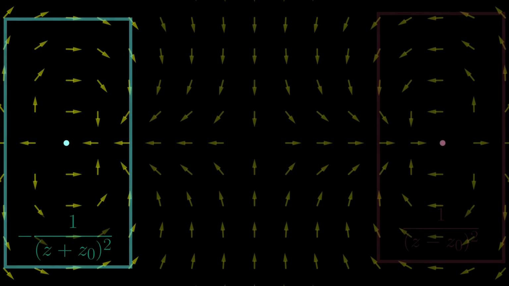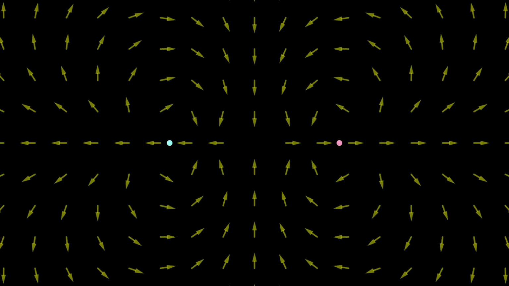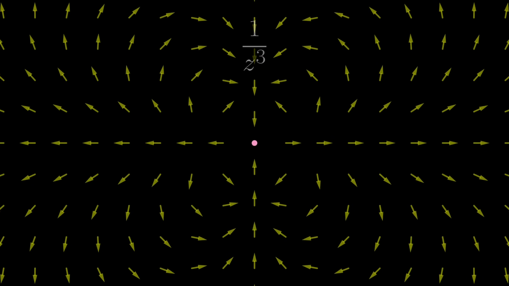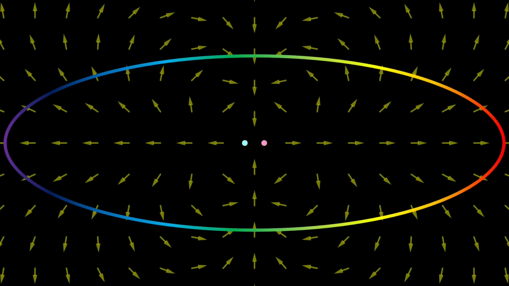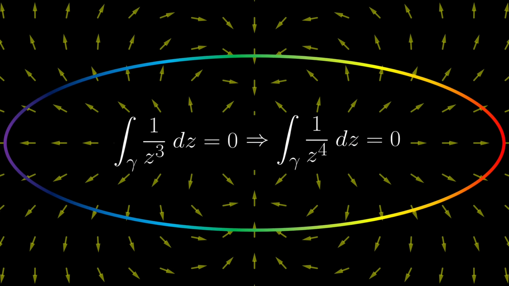And again, we try to merge these two fields together, scaling appropriately, and in the end, we get a 1 over z cubed field. And so, using pretty much the same argument as before, we can conclude that again, the integral is 0. And then using the same argument, the integral of 1 over z to the power 4 would be 0 again, and so on.